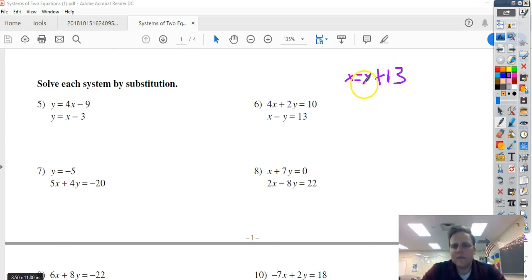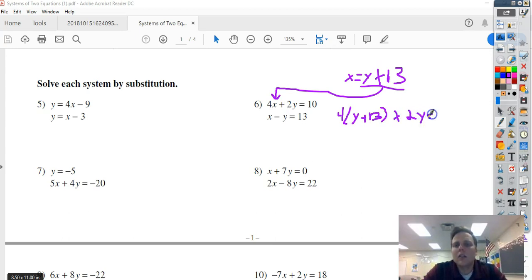Okay? So I take this y plus 13, and I plug in for x right there. So I get 4 times y plus 13 plus 2y is equal to 10. So I distribute the 4 out, so that gives me 4y plus 52 plus 2y is equal to 10.